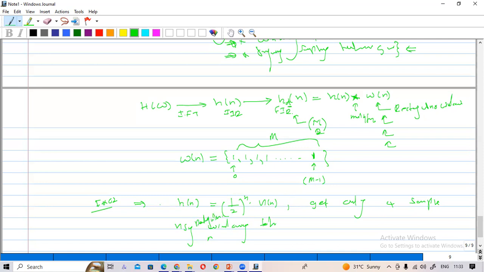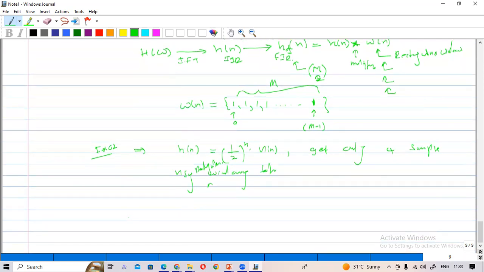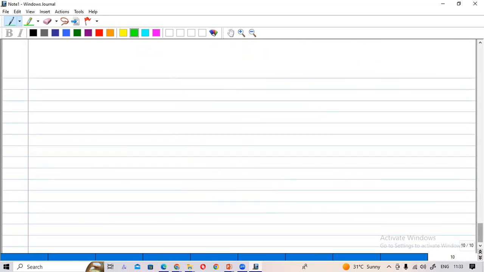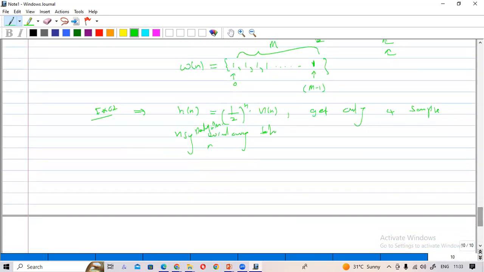Now you can see that this h[n] is an infinite impulse response, because n goes from 0 to infinity: 0, 1, 2, 3, 4, 5, and so on.